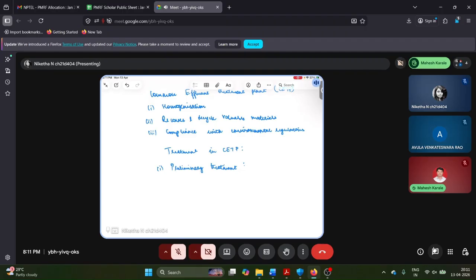If they are complying with the standards, then it's okay to release into the environment. If they are not complying, then it's better to resend the water for treatment. So, what are the different preliminary treatment processes available?